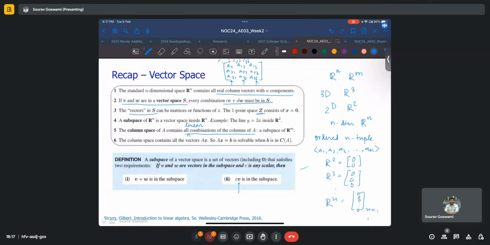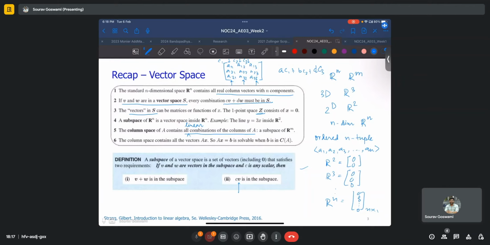Any linear combination of these, say aC1 plus bC2 plus dC3, the space which contains all of these linear combinations is actually the column space. So it is the space which is spanned by the columns of A. And what does span exactly mean? We'll look at it in the upcoming slide.